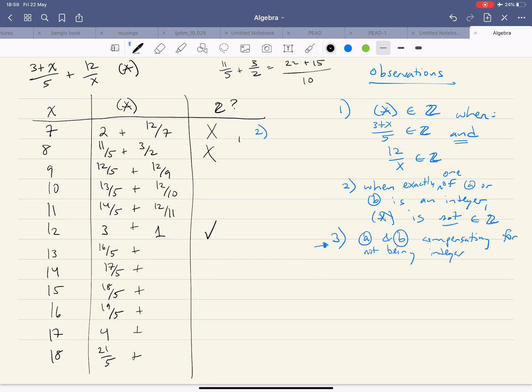This follows observation number 1, where both of these expressions evaluated to integers. Okay, 12/13.